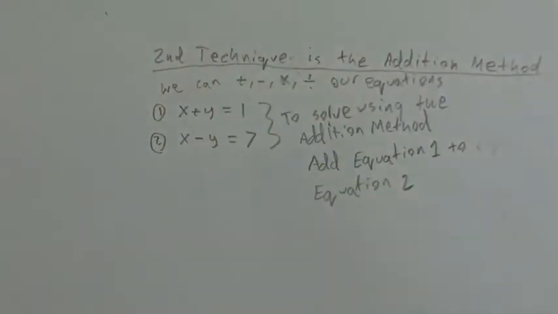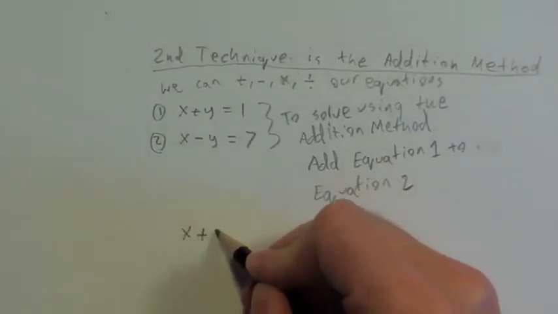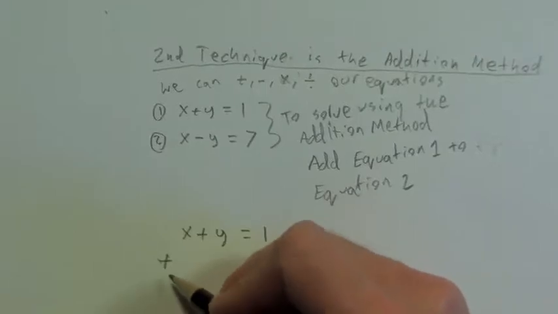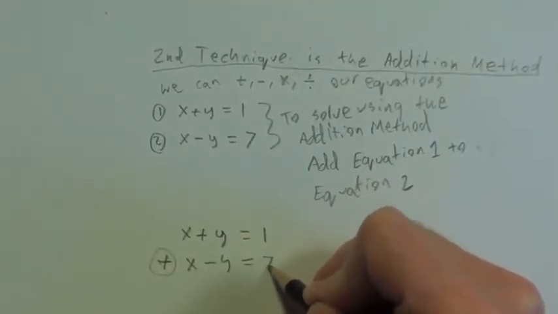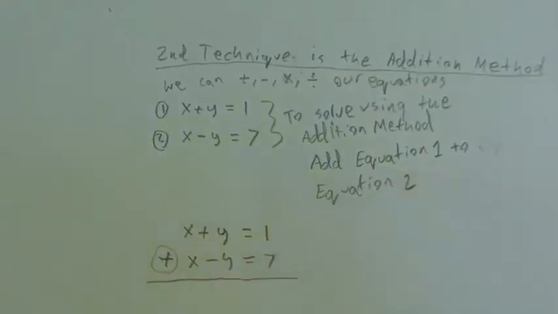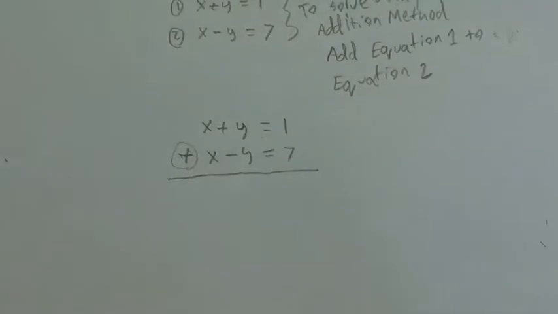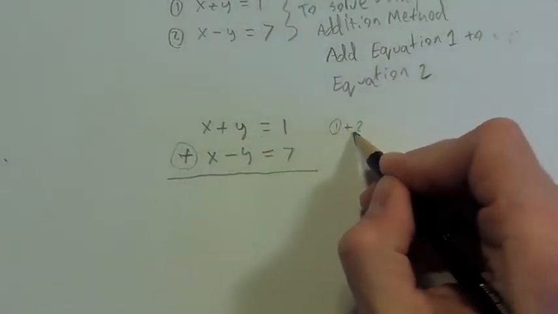Right. Well, how do I do that? Well, I'm going to take this x plus y is equal to 1, and then I'm going to add x minus y is equal to 7, and I'm just going to add this like we normally would. Okay, so I'm taking equation 1 and I'm adding equation 2.